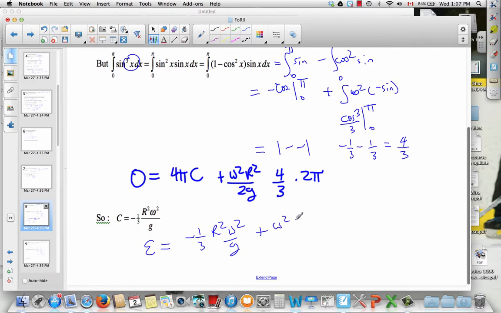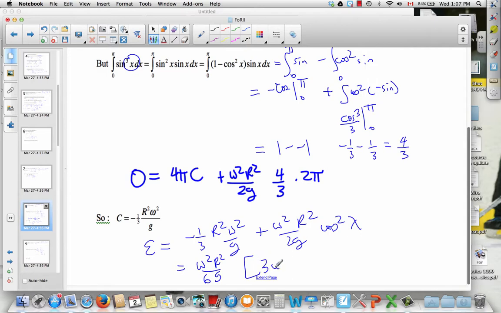plus a term like this, varying with the cos squared of latitude. Now you can see that both of these have got omega squared, r squared, and a g in common, so we factor that out. And I'll take out a 6 to make a common denominator.